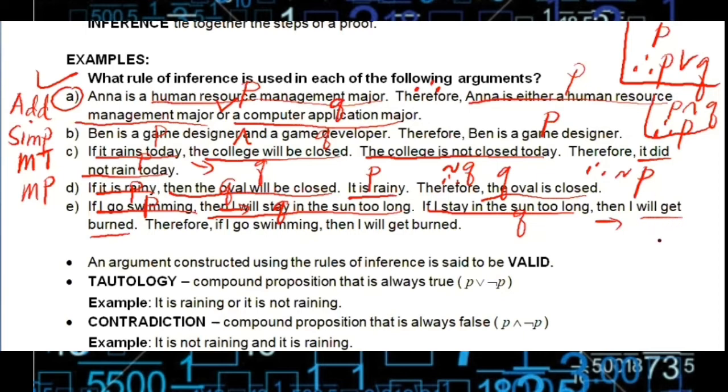Then another new proposition, then R. If I go swimming, so this is your P, then I will get burned, R. So what formula is this? If P then Q, if Q then R, therefore if P then R. So alam na natin, HS, hypothetical syllogism, is the answer for letter E.